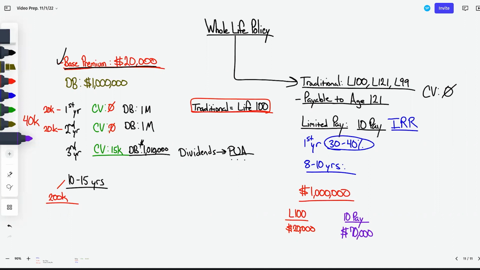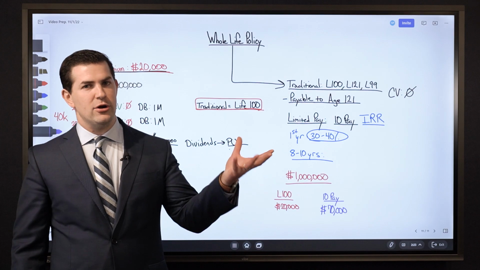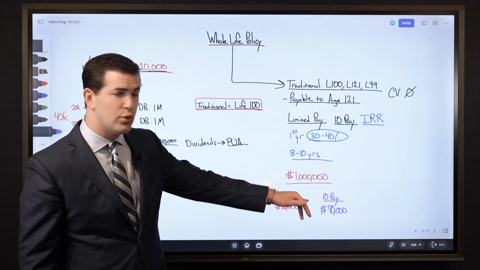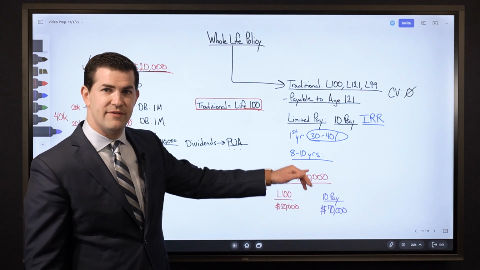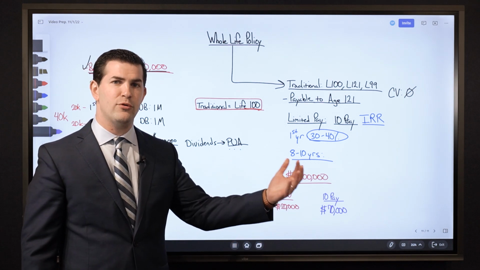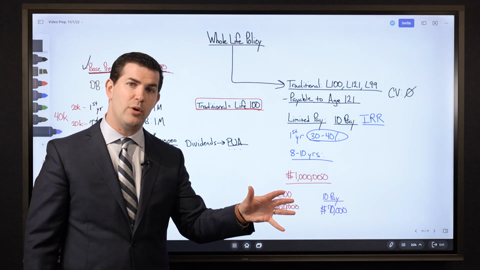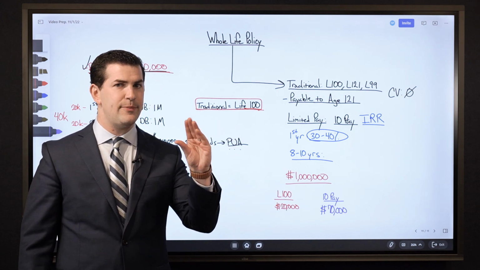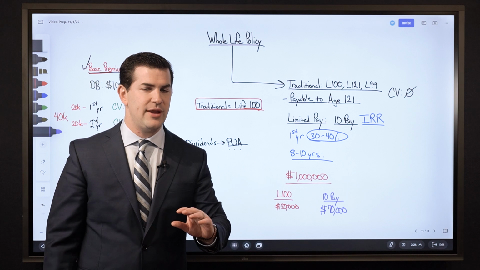So when shopping for a whole life death benefit, the base premium is higher for a shorter funding period. And there's examples in between. You can see a whole life 65, a 20-pay, a 15-pay, all that have different premium paying periods. But generally what you will see is the longer the funding period is, the less the base premium is for that same death benefit.